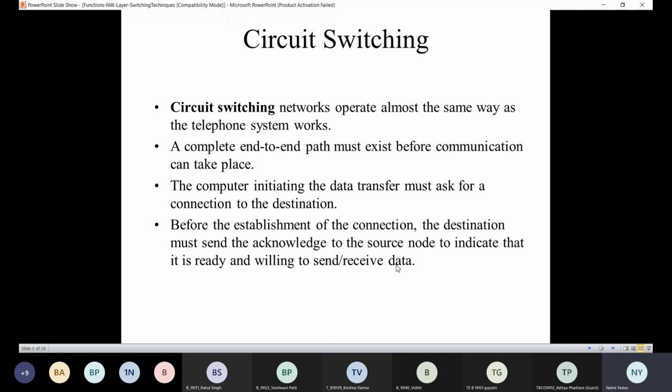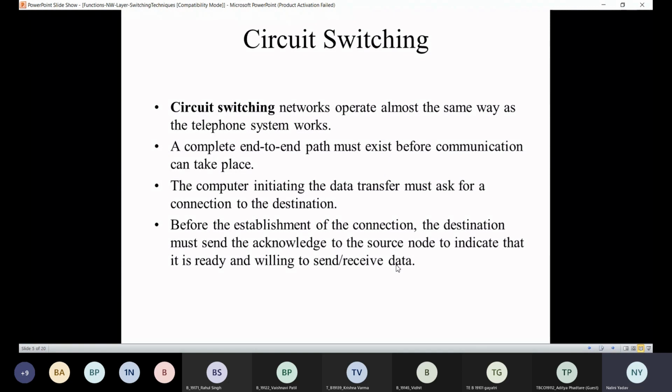So first the connection is established, and while establishing it, the destination acknowledges its readiness for receiving the packet. Once the acknowledgement is received by the source from the destination, only then will the source start sending and receiving data. And at the end of the communication, again the connection will be broken by the sender.